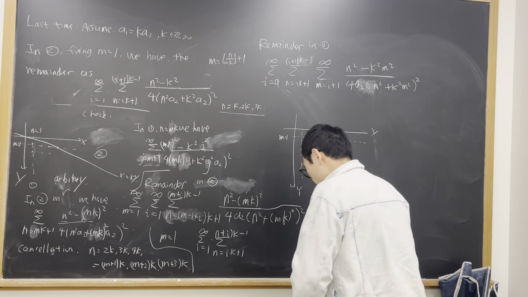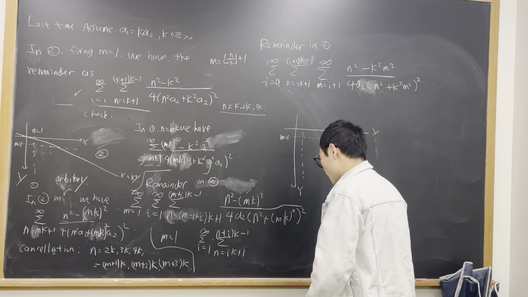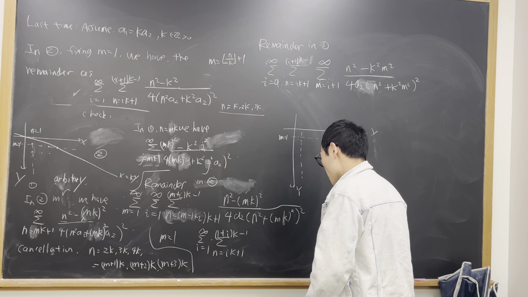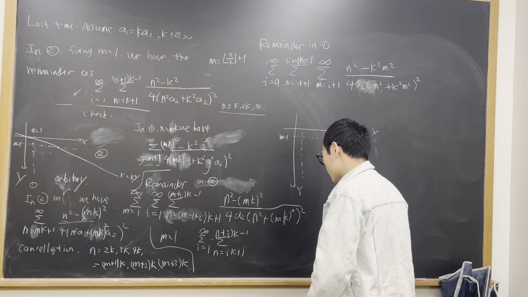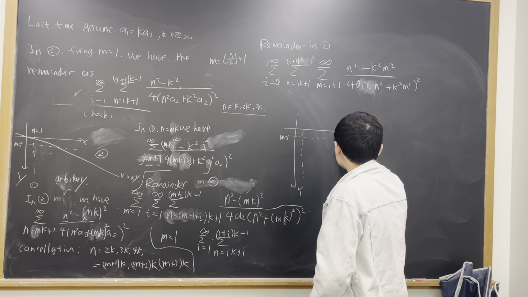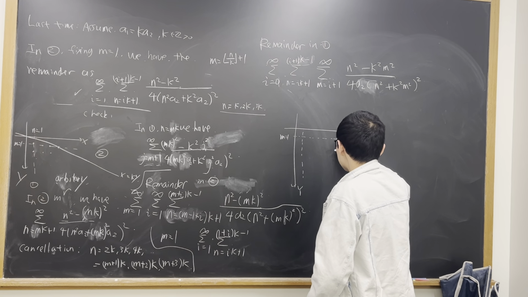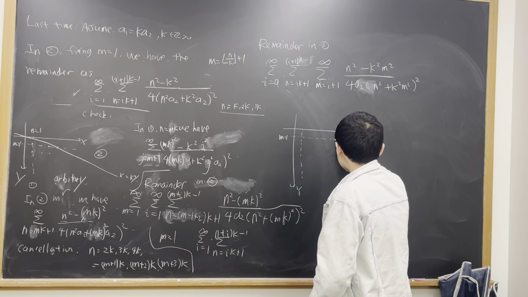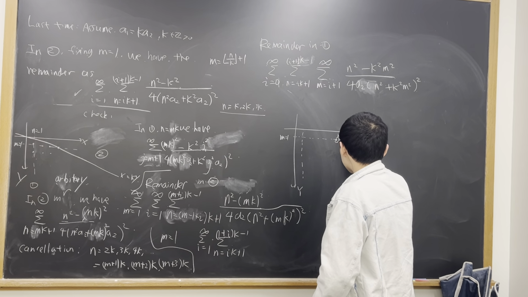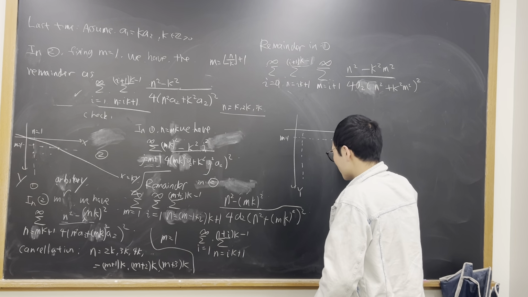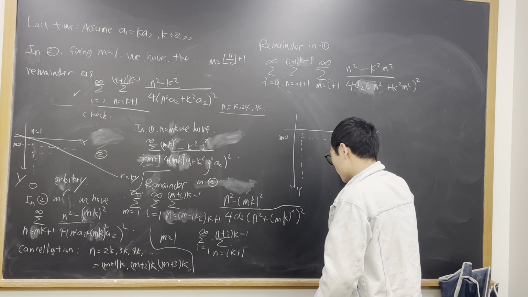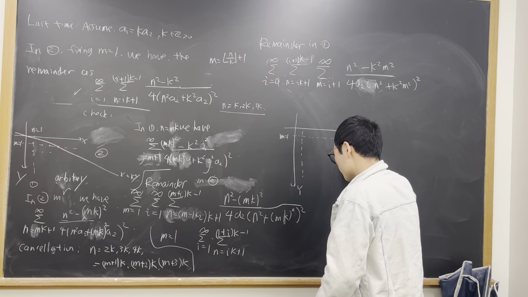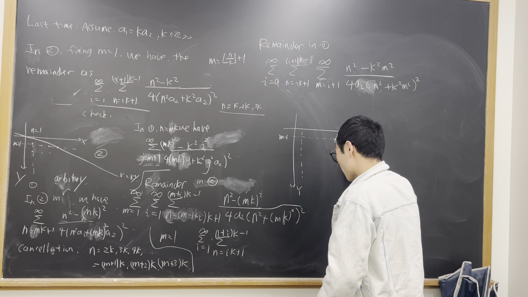So let's see. For example, if you have, let's say, k here, then it will omit the k, and then it will take k plus 1, right?